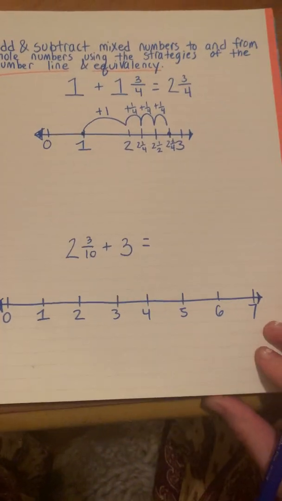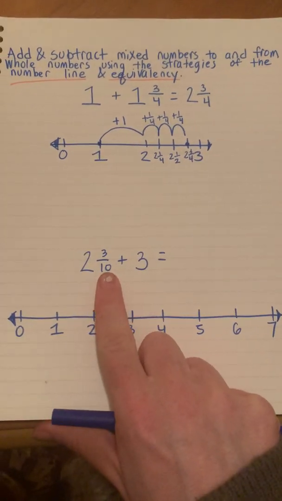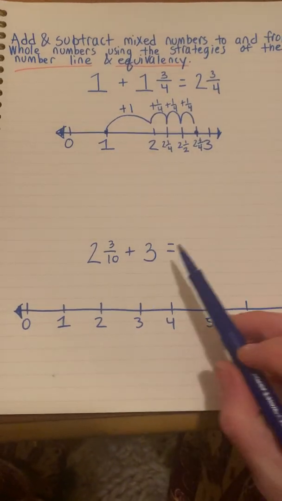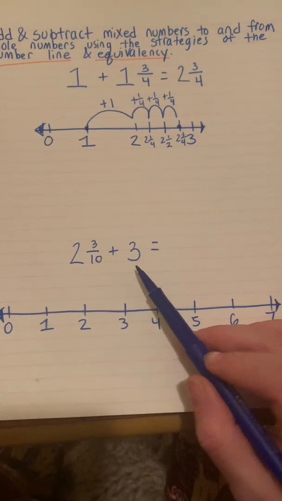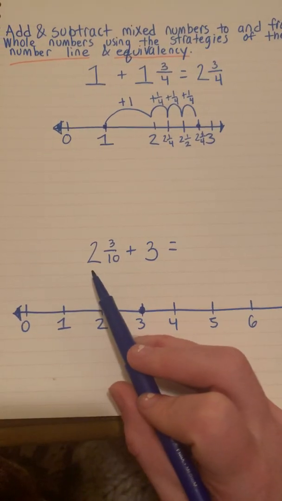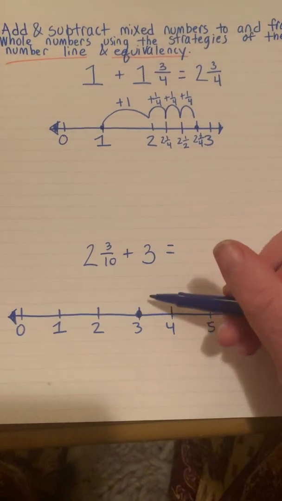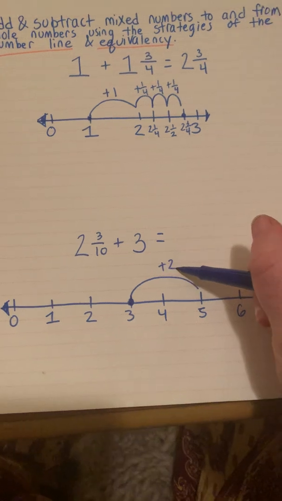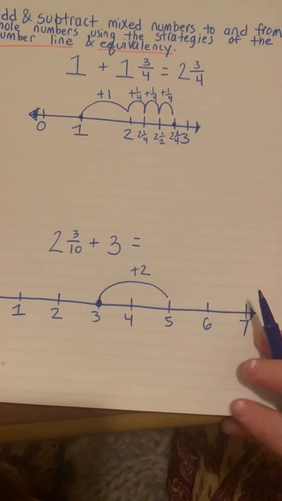Let's try another one. 2 3/10 plus 3. I think it's actually going to be quite a bit easier to start with the 3 and plot that first. So I'm going to start with the 3. And then I'm going to make a jump of 2. Then I need to make a jump of 3/10.